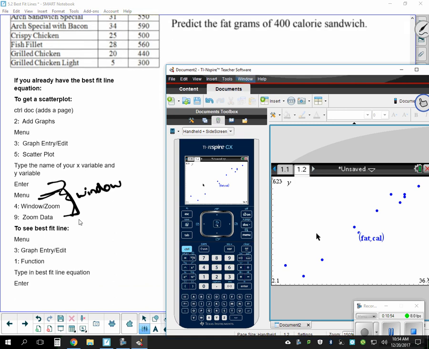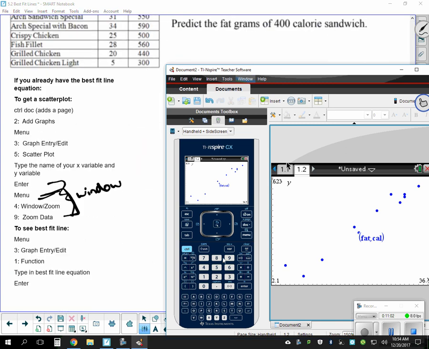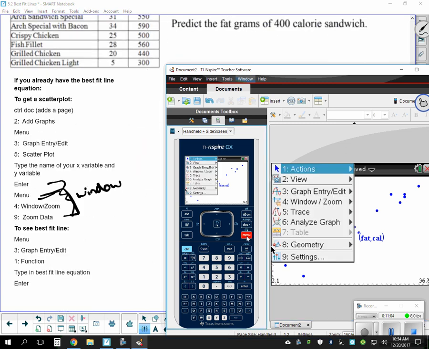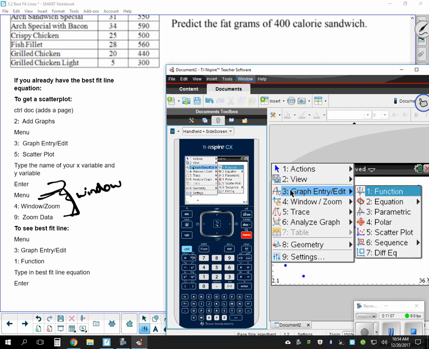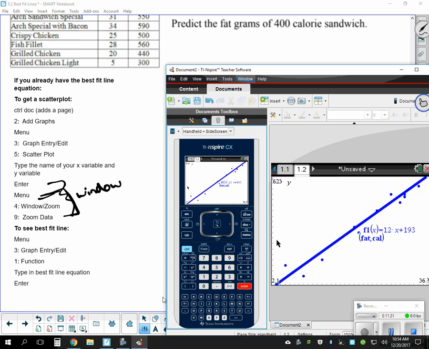Now, to see the best fit line, we want to draw our line in from the equation that we already have given to us up here. You're going to press menu, graph entry edit, and we need to change it back to function. Then we can just type in our equation like we always do. So 12x plus 193, press enter, and there's our best fit line drawn through our scatter plot.